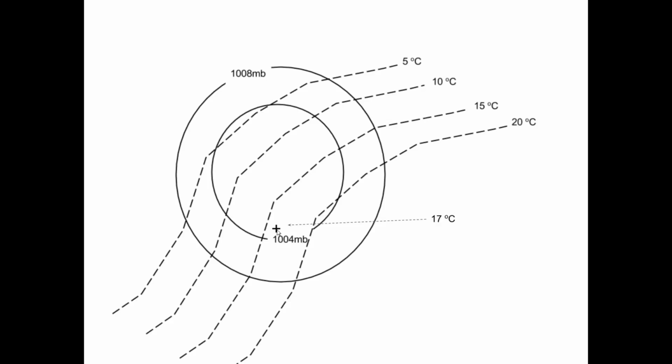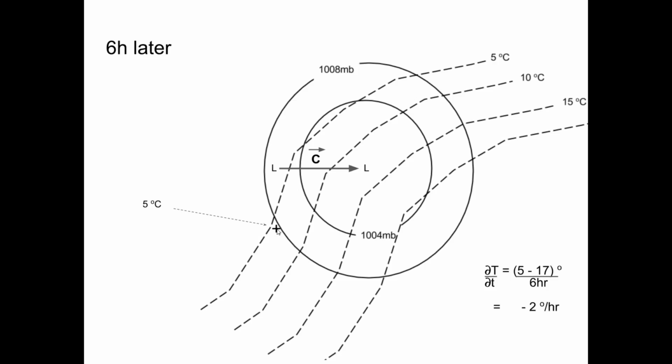So we could look on the map, interpolate between these two isotherms and say that it's 17 degrees C at this time, and then 6 hours later it looks like we're pretty close to the 5 degrees C isotherm, so we'll say it's 5 degrees 6 hours later, and we can subtract those, divide by the time difference, do a finite difference approximation to the partial derivative, basically the local rate of change of temperature.